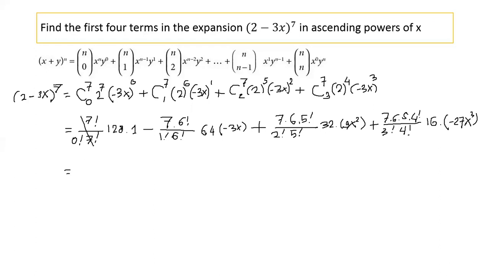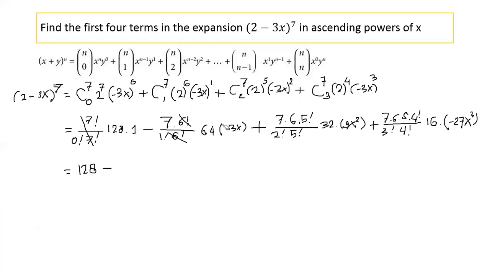Of course, this one divided becomes 1. So 1 times 128, minus 7 times 64 times 3. Actually, it's positive 3 because we already put the negative here.